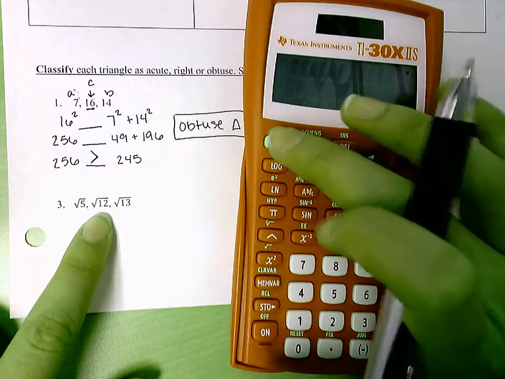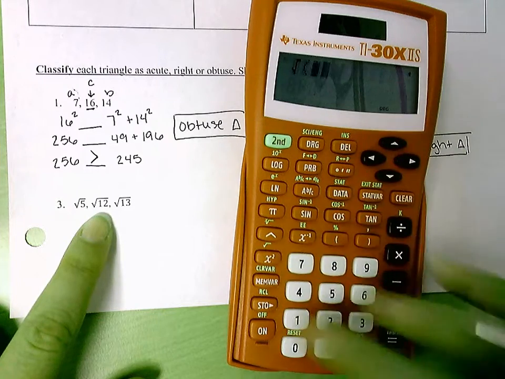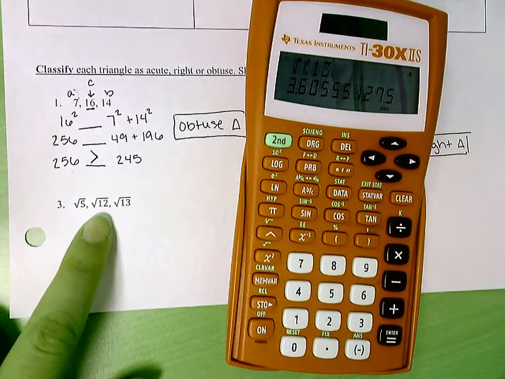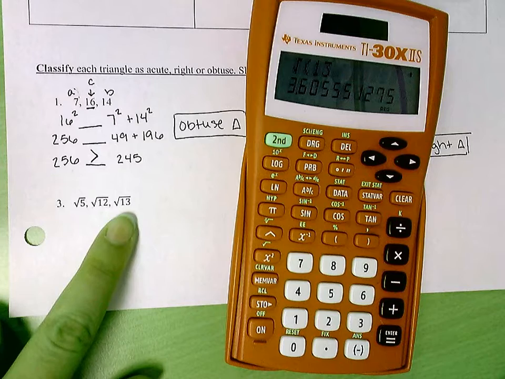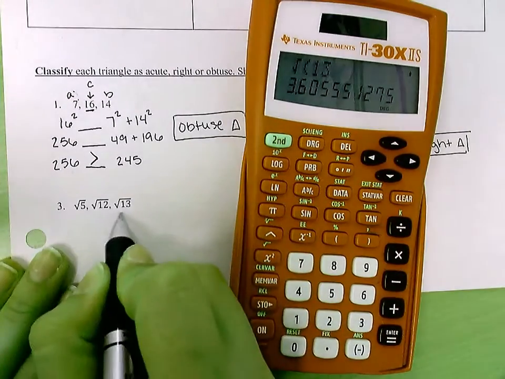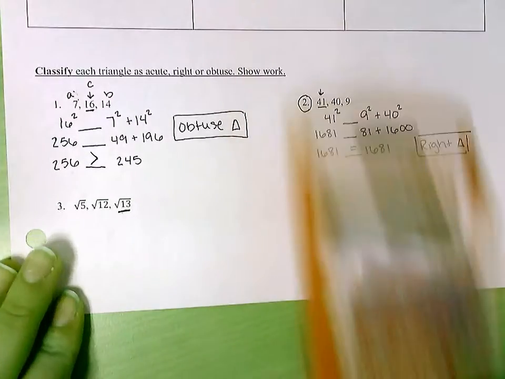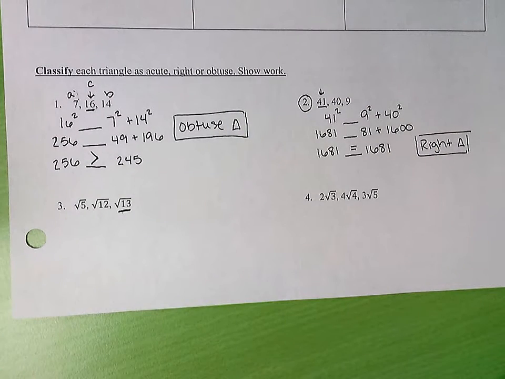Then I could take the square root of 13, and that's 3.6. That's greater than what I just had for square root of 12. So in this case, square root of 13 is going to be my C value, or that largest side. But notice how I didn't write the decimals above it. You're not taking away the square roots. You're not writing out decimals for this. Keep the square root symbol in there.